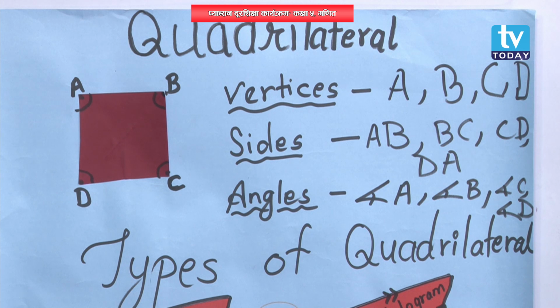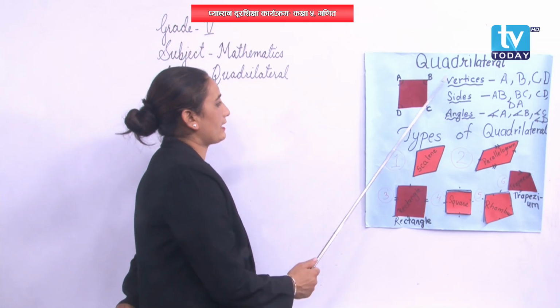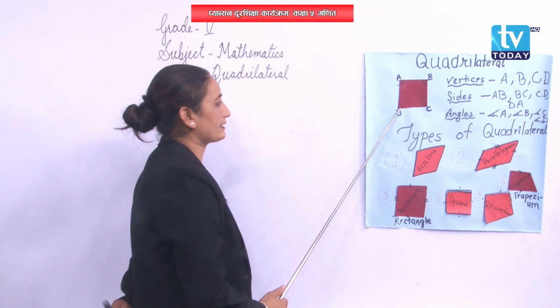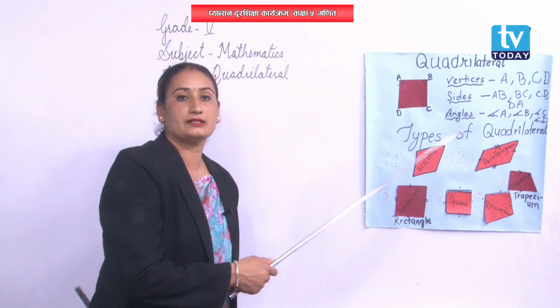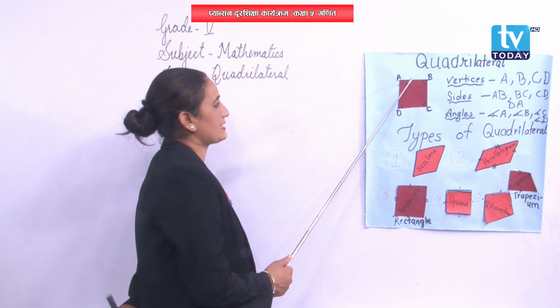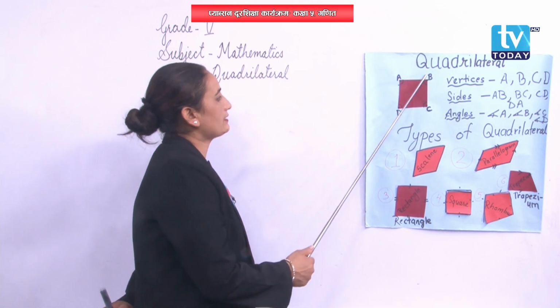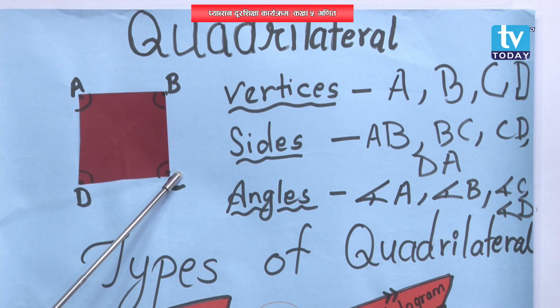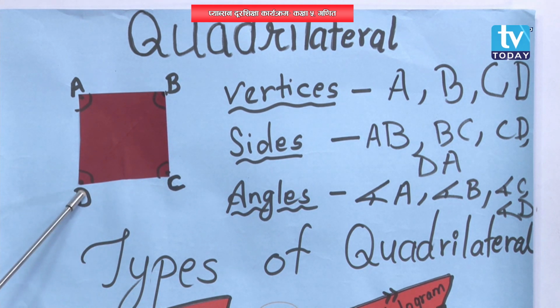There are also 4 angles: angle A, angle B, angle C, angle D. Now it's left for the sides. See here, this straight line is side AB and this other line is side BC, and then CD, DA. Is there any confusion left? I hope there isn't any confusion, right?